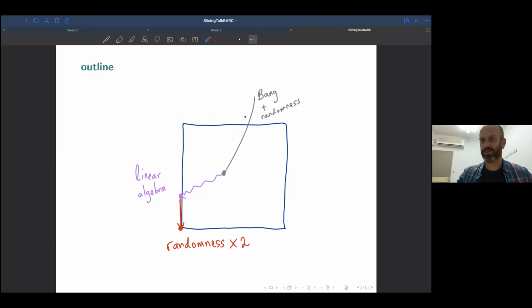This is almost true, actually. This is a very intuitive, or just a very vague statement. So this is a very vague connection between this problem and the slicing problem.